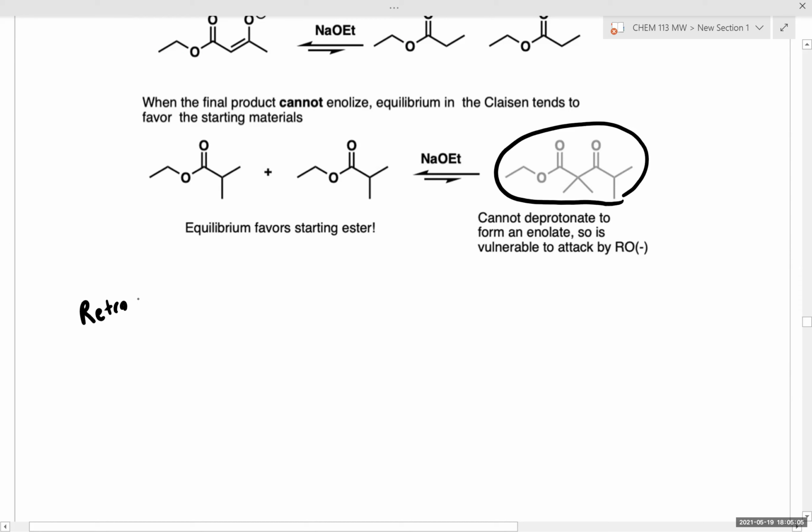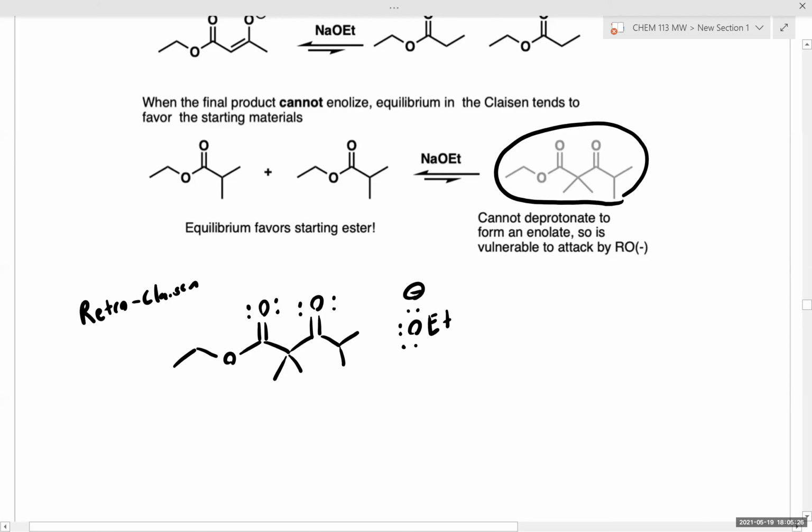Just to show the Retro-Claisen reaction one more time, let's take a look at what happens with this substrate. So we have no available alpha proton. So if we treat this compound with any reasonably nucleophilic basic solvent, such as ethoxide, we're going to attack the carbonyl carbon.